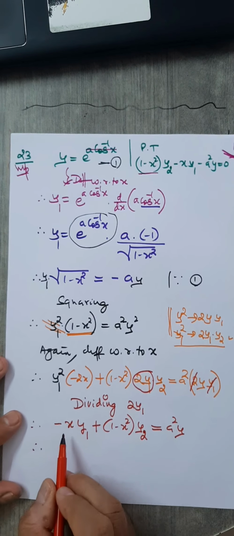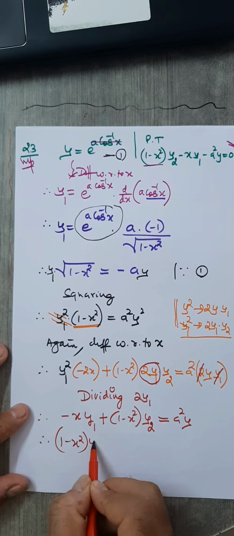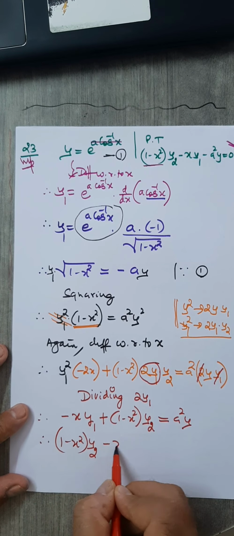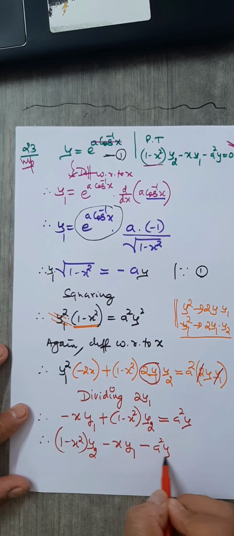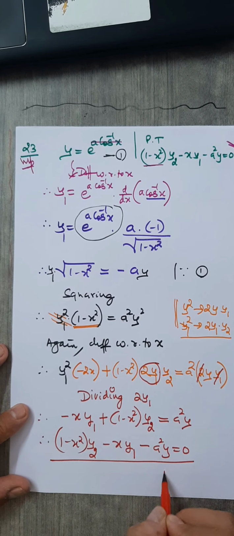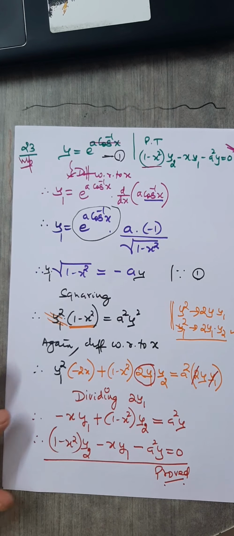So therefore finally 1 minus x squared into y2 minus x y1 minus a square y equals to 0. Proved. It's a good example here.